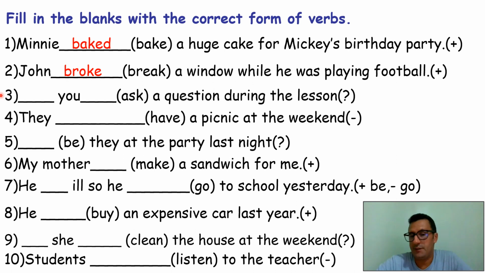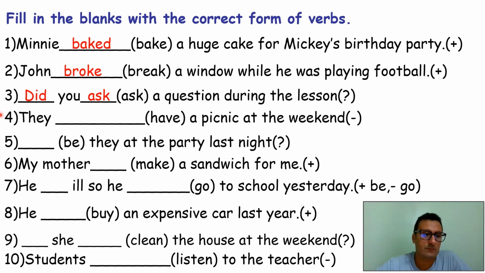Toujours le même temps, c'est simple past. Et là, quelle forme? C'est interrogative form, question form. C'est là où on pose la question. Et on a dit c'est toujours avec l'auxiliaire do au passé, c'est did. Alors, qu'est-ce qu'on va dire? Did you ask a question during the lesson?